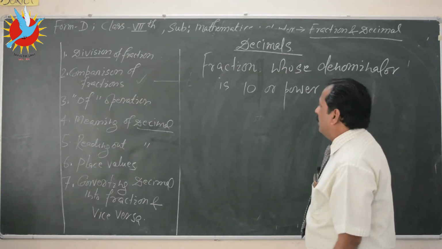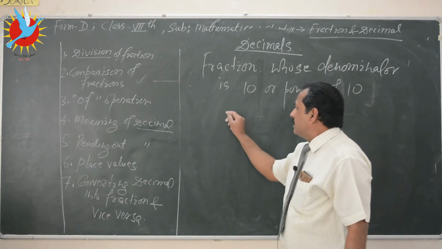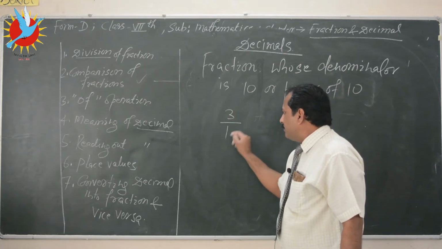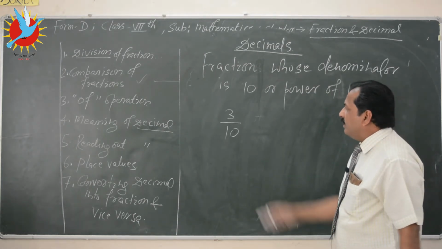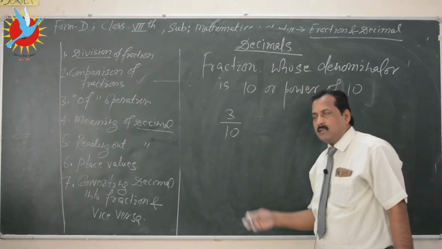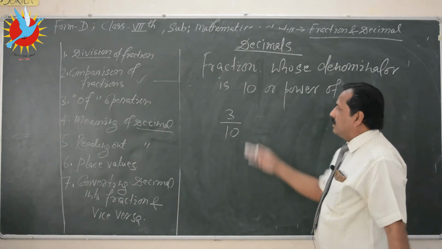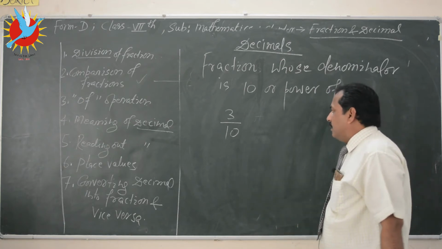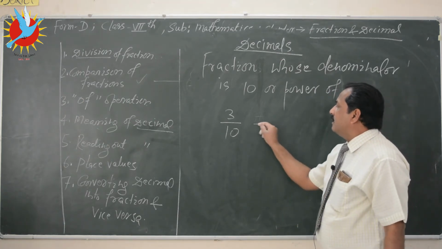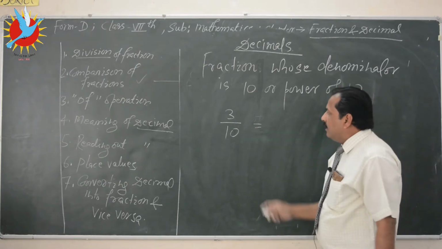For an example, let us say this 3 by 10. So this denominator is 10. So 3 by 10, you understand the meaning that out of 10 equal divisions, if you take 3 divisions, this can be represented by a fraction 3 by 10. And this fraction can be again represented in decimal form. And how to represent this?